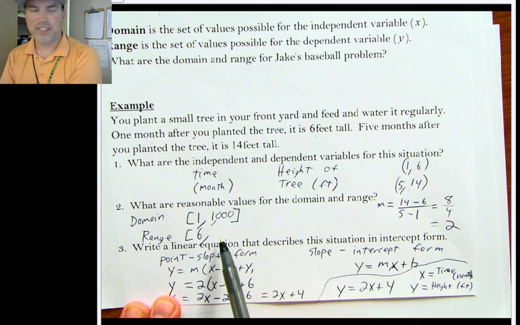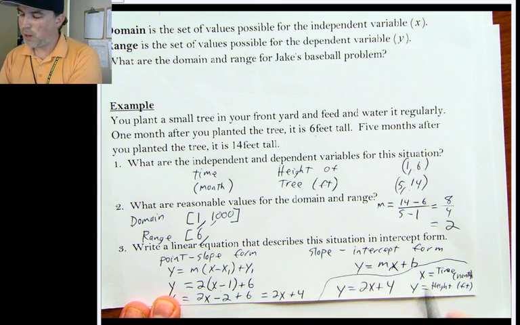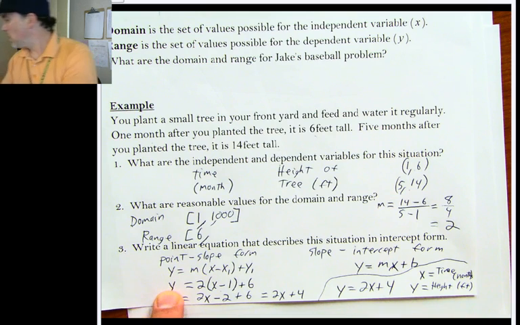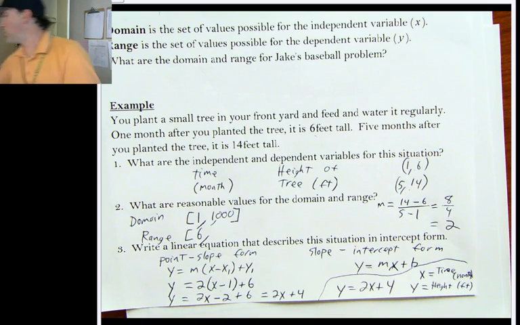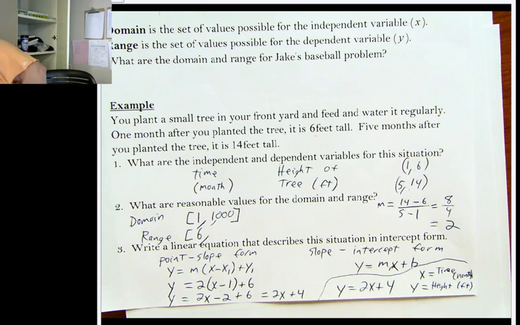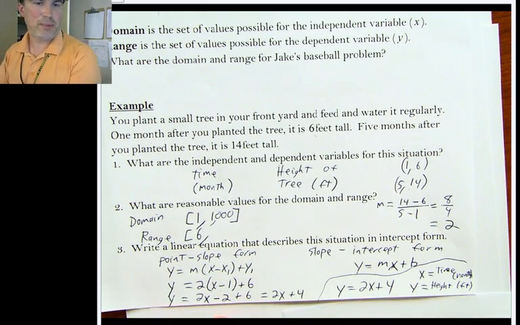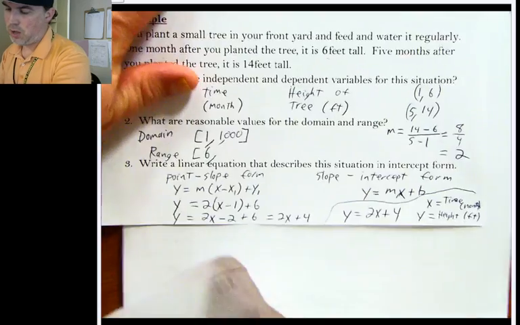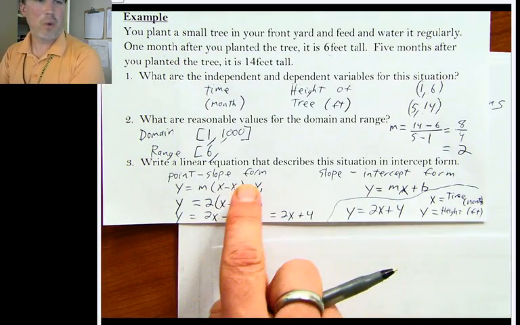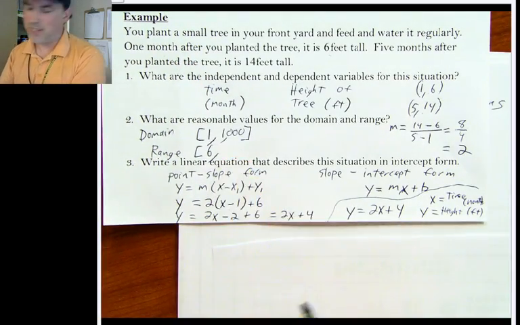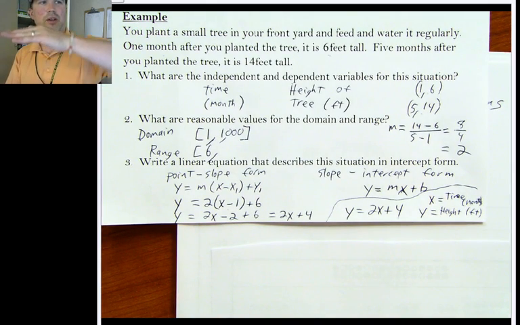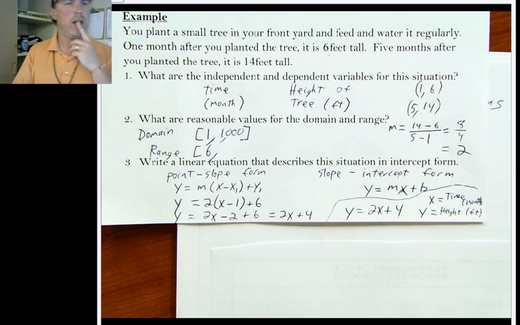The last thing I forgot is to do the top end of my range. I want to use my equation for this, and I'm going to use that domain that I talked about earlier. So if I have y equals 2x plus 4, I need to figure out what the height is, because this tree is going to keep getting taller and taller as time moves on.